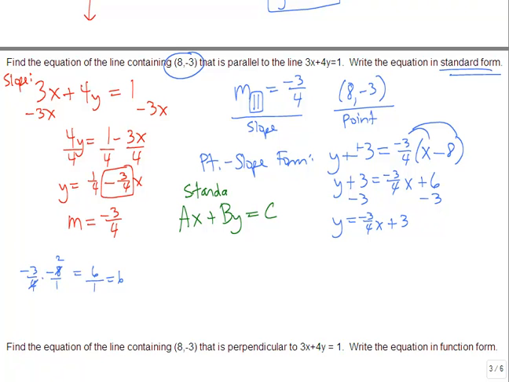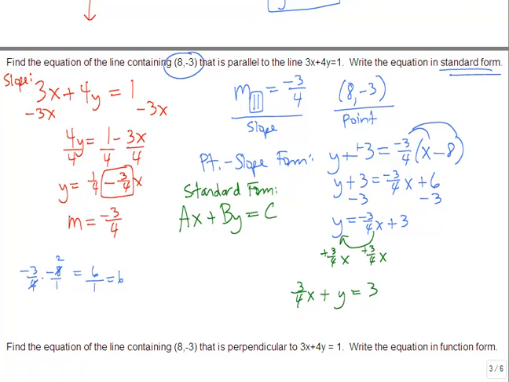And what that means is we need to get the x and the y terms on the same side of the equation. So that's one thing that I'm going to need to do here right away. To move this x term over to here, we're going to need to add 3/4 x to both sides. So this becomes 3/4 x plus y equals 3.